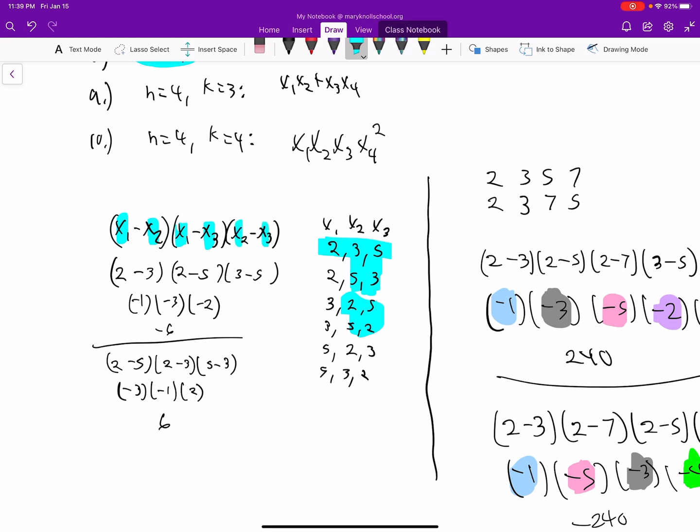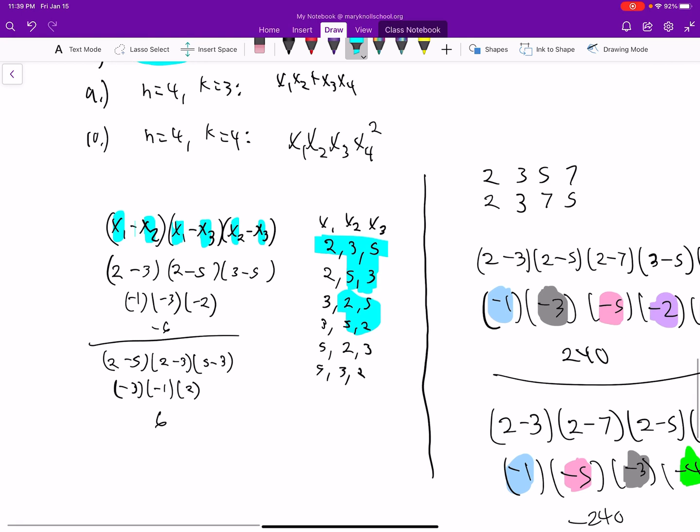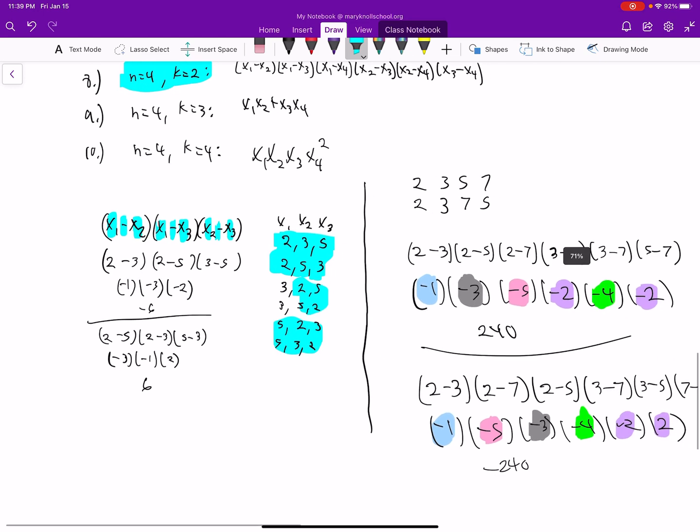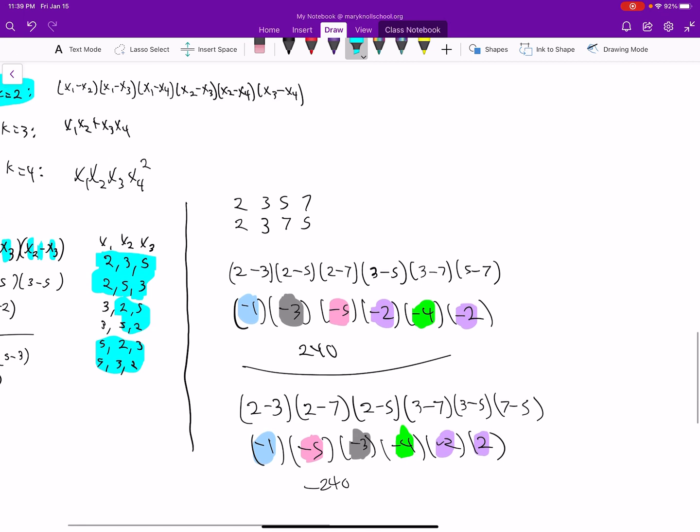So everybody got subtracted from everybody. So no matter how you orient this thing, everybody gets subtracted from everybody. However, this negative sign makes it such that you can get a negative and a positive based on these right here. So here, one of these is going to be positive, one of these is going to be negative. For example, here too, one of these should be negative, one of these should be positive. Okay, so the same thing exists here.